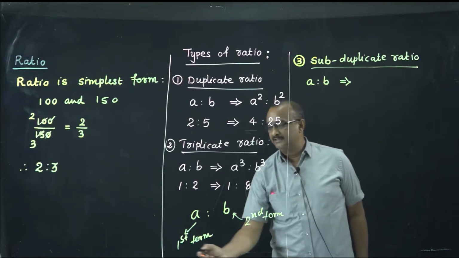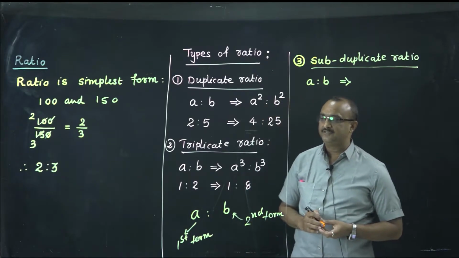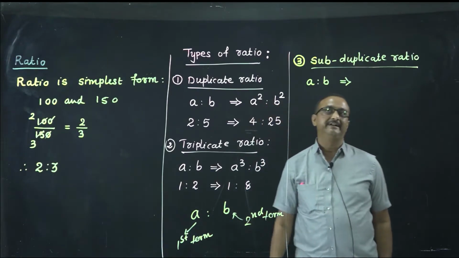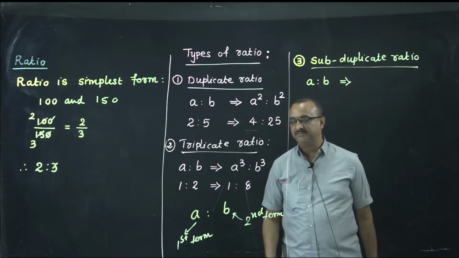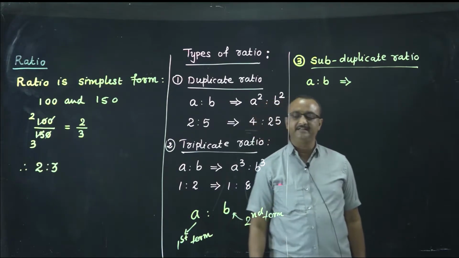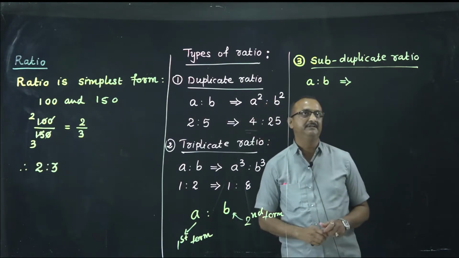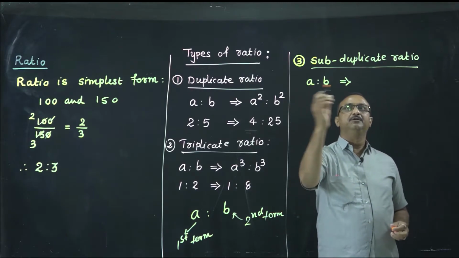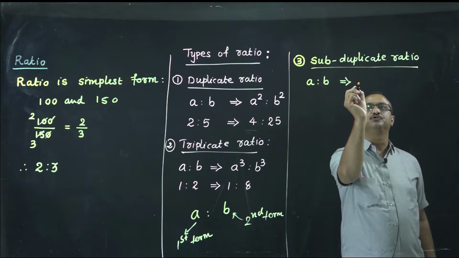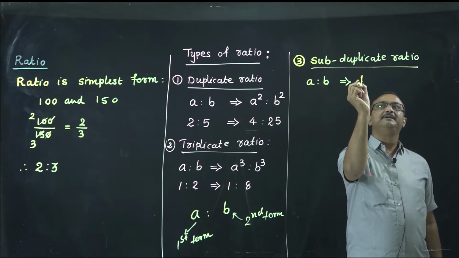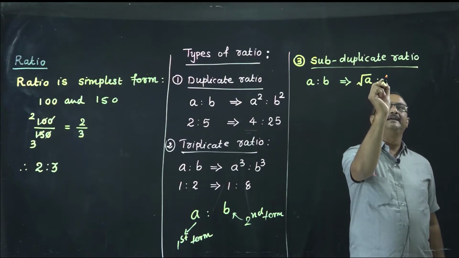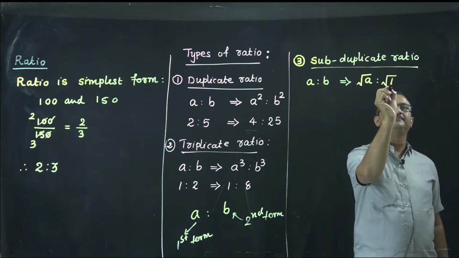In other words, the first term is known as antecedent and the second term is known as consequent. Remember, first term is antecedent and second term is consequent. Now here we discuss the subduplicate ratio of A is to B. Subduplicate ratio of A is to B is under root of A is to under root of B.